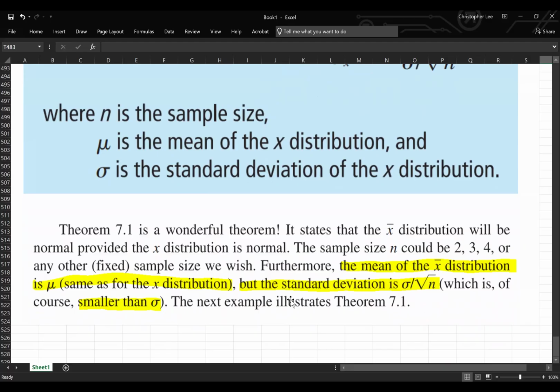So the sample size n could be 2, 3, 4. It could be any fixed sample size we wish. Furthermore, the mean of the X bar distribution is mu, same as for the X distribution, but the standard deviation is sigma divided by the square root of n, which is, of course, smaller than the original sigma.